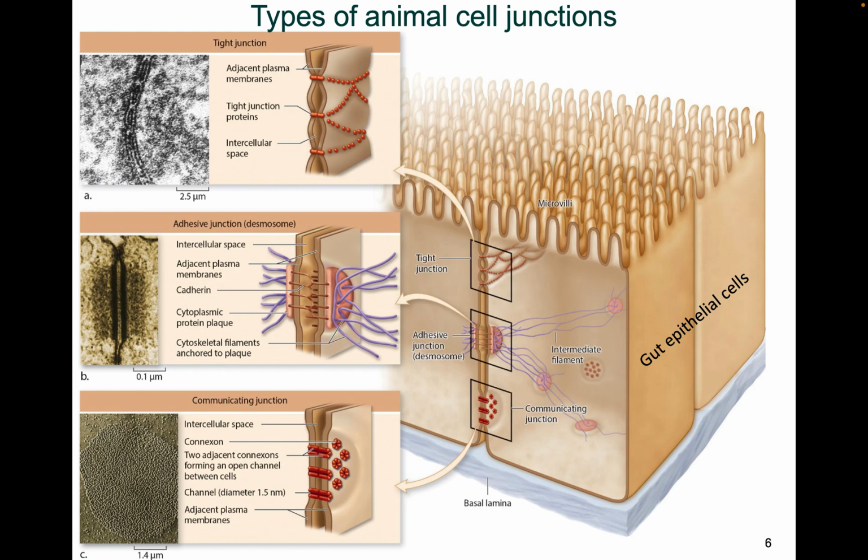So if one cell moves, the other cell through the cytoskeleton will perceive it, because of these cadherins that are connected to each other through the cytoskeletons. And then you have these communicating junctions, which are channels that are open and allow certain ions and macromolecules to pass through. So these cells are communicating with each other through macromolecules, ions and other molecules.